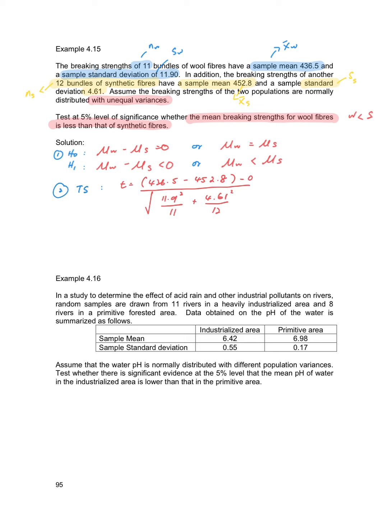Don't forget to square root. So we get T equals negative 4.2594.